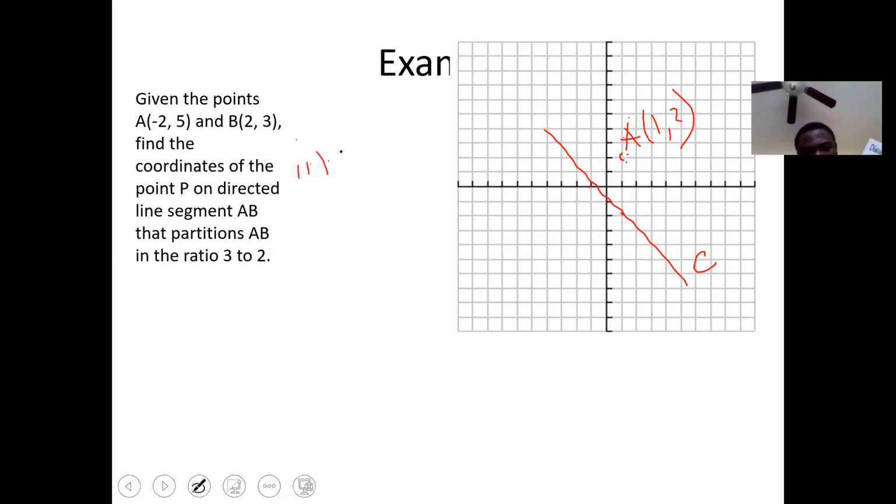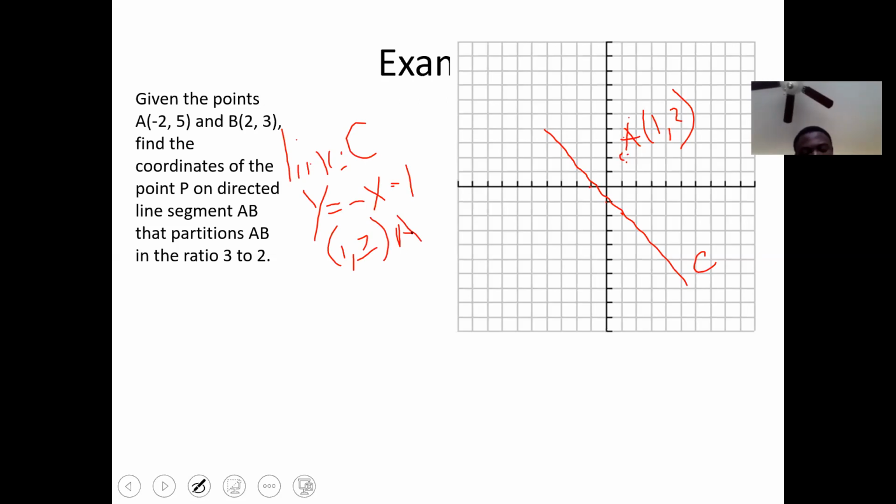line C equation is y equals to a -1, or negative x minus 1, okay? Negative x minus 1. And our point is 1, comma 2 for A. That's A point.